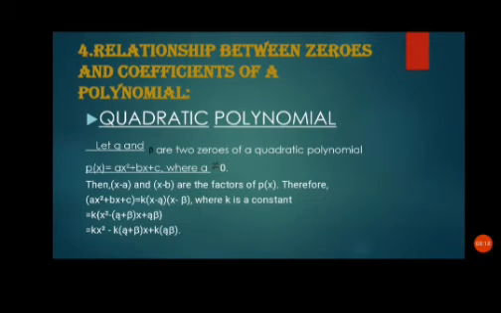Therefore, ax square plus bx plus c is equal to k(x minus alpha)(x minus beta), where alpha and beta are represented by these symbols and k is a constant.